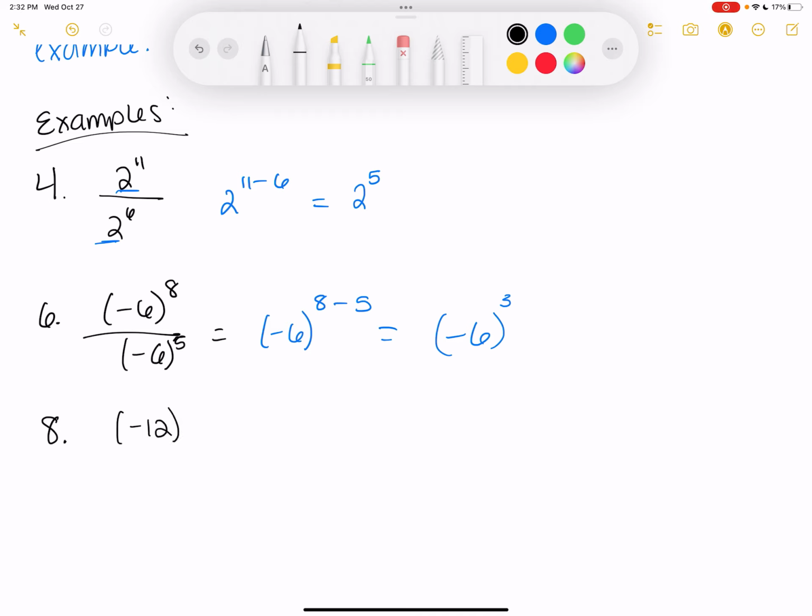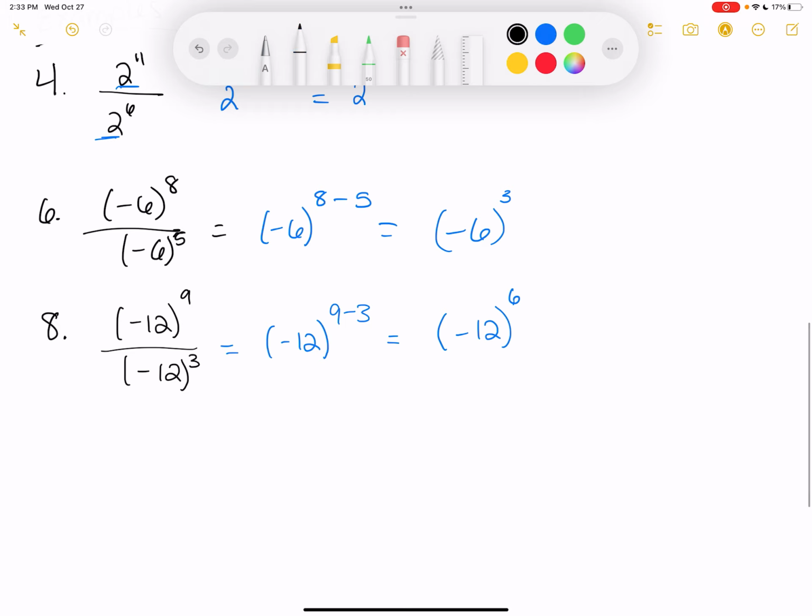Negative 12 to the 9th over negative 12 to the 3rd. What's this one? You subtract. So negative 12 to the 9 minus 3, which is negative 12 to the 6th. Okay, and obviously the stuff that we were doing before, because it was an even power, we would get rid of the negative, but these just say to leave it written as an exponent, so you can just leave them like this, okay?